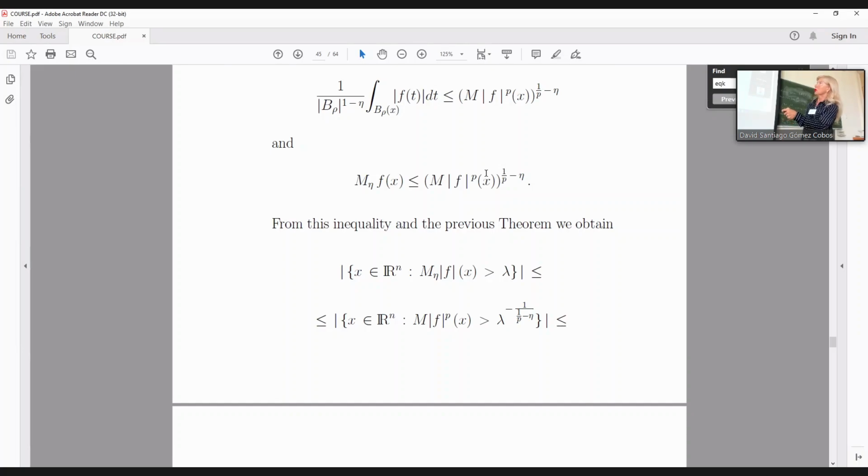We have this inequality. If this is more than lambda, the first term here is more than lambda. But we can multiply by the reciprocal quantity of this, and we have minus 1 over p minus eta here.